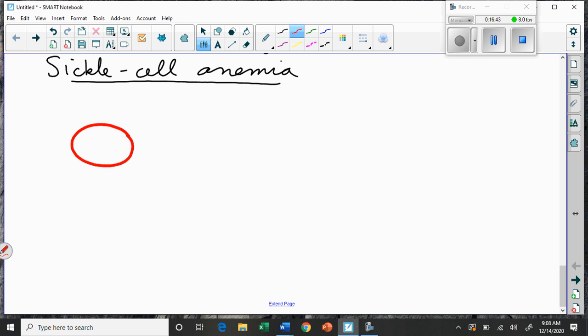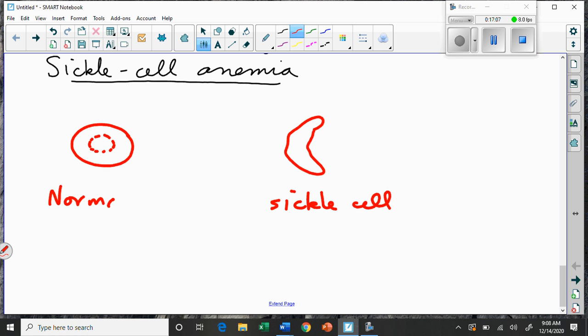Normally, a red blood cell is round and it has sort of a little dent in the middle, right? Looks like a little donut with a dent instead of a hole. But in sickle cells, the red blood cell takes on a weird shape like this, like a sickle, like a curved shape. So this is what we call a sickle cell. And this is a normal cell. And of course, these are red blood cells, normal red blood cell. So this is a sickle red blood cell. It's important to remember that it occurs on the blood cells.